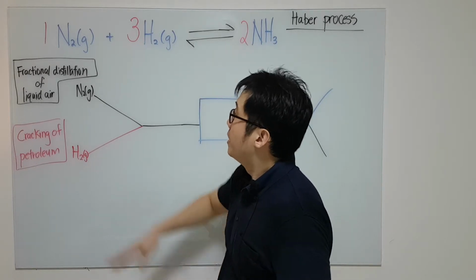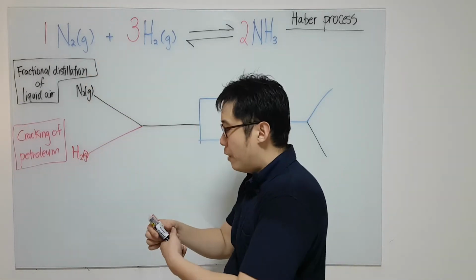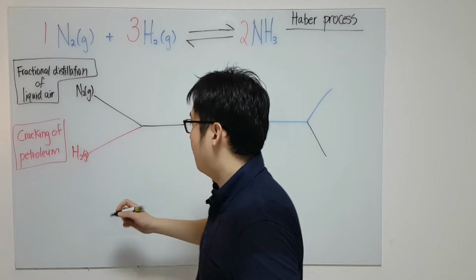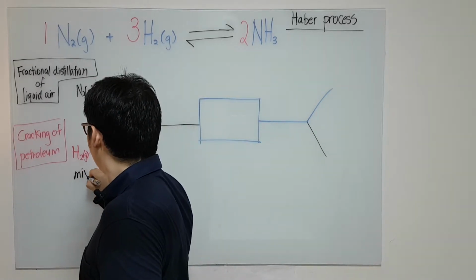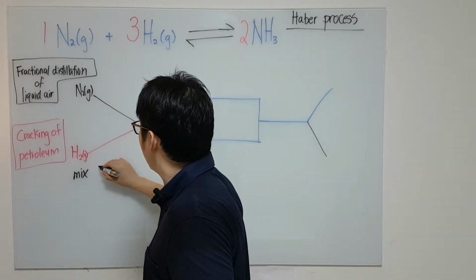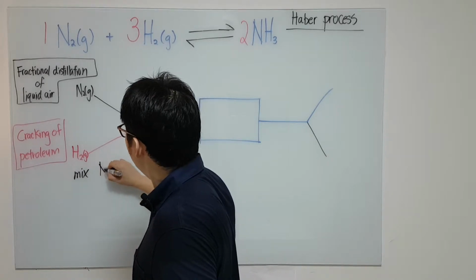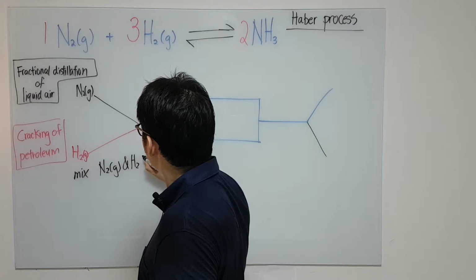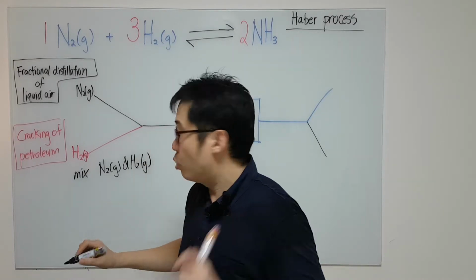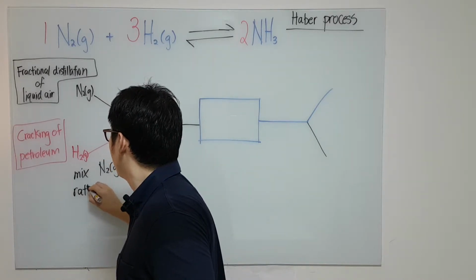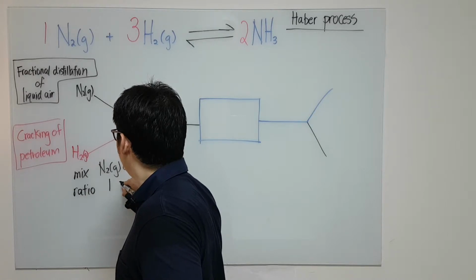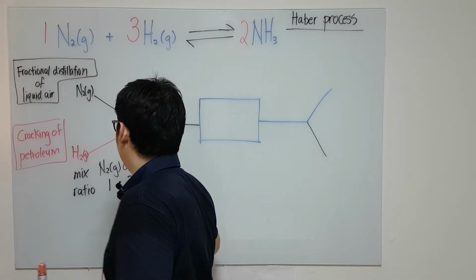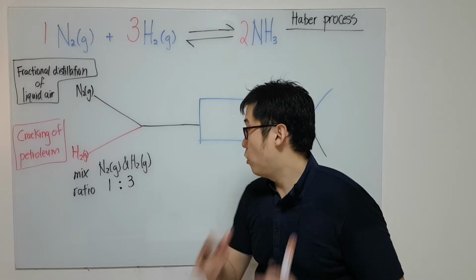Now, always remember that because you are describing how you're going to make this, you will have to mix nitrogen gas and hydrogen gas in a ratio of 1:3 by volume.